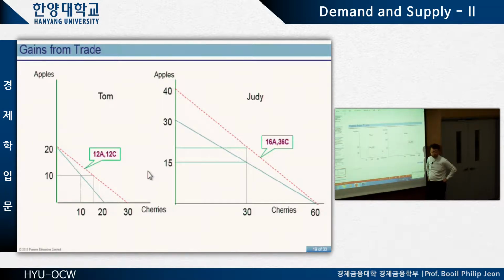And yes, on Tuesday I tried to explain it using the concept of flow measurement and stock measurement. So assuming that Tom had some apples stored in the warehouse previously, because this 20 apples is a flow concept.